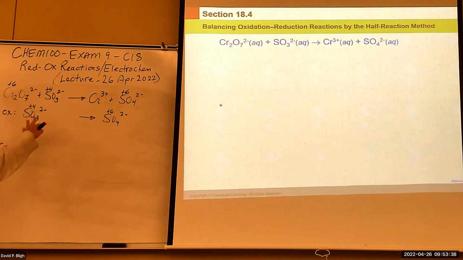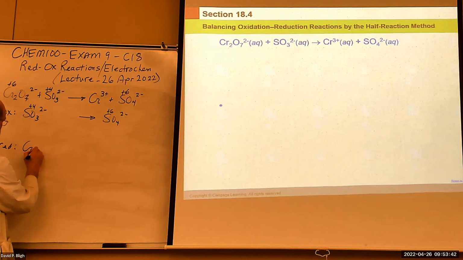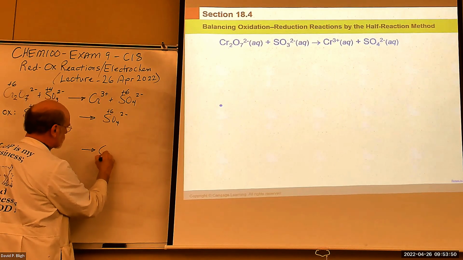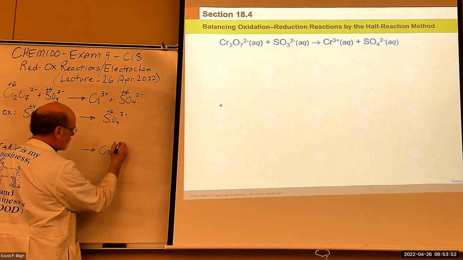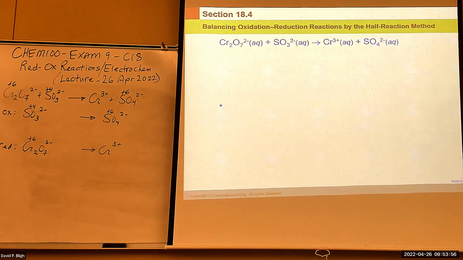Okay, that's our oxidation. So our reduction must be dichromate with a plus 6 on the chromium, going to chromium 3 plus ion. Okay, that's our reduction.